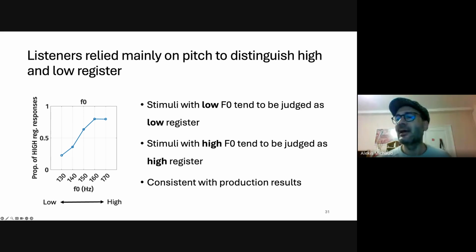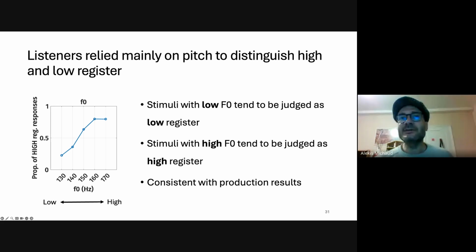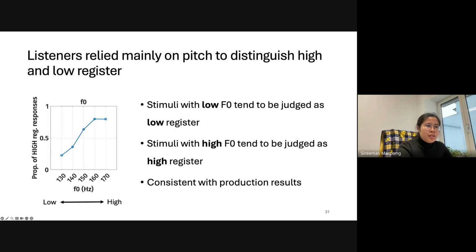So that's the question. You mean in terms of the response? Exactly. So the question is, what would you consider as an unambiguous F0 for high register and low register? It is difficult to say in terms of the absolute values of F0 in hertz, because these things are relative anyway. I forgot to say that the stimuli are based on a male speaker, and it's based on the range of the male speaker, which is our pilot participant.